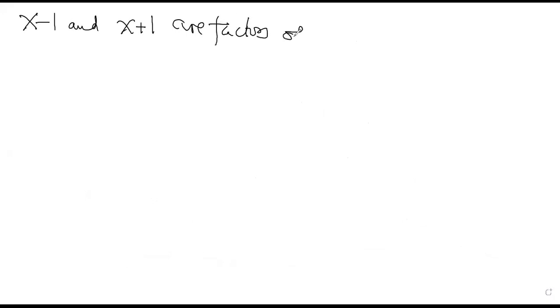X minus 1 and x plus 1 are factors of x cubed plus ax squared plus bx plus c.